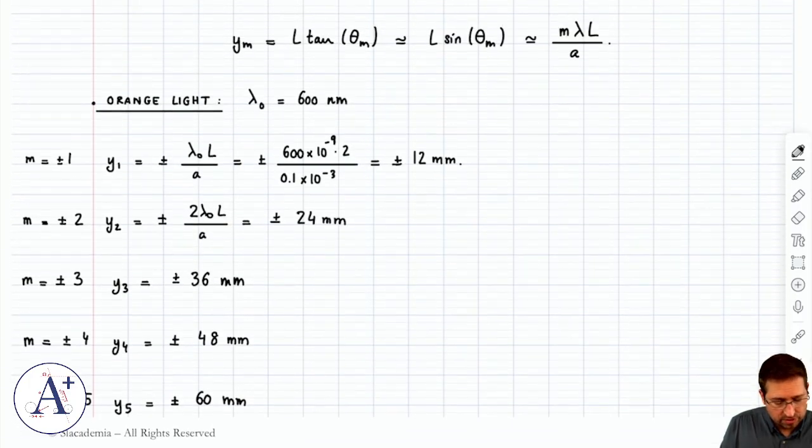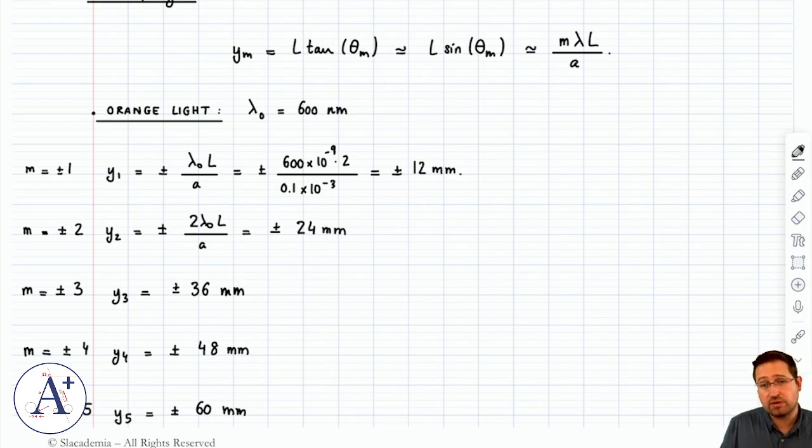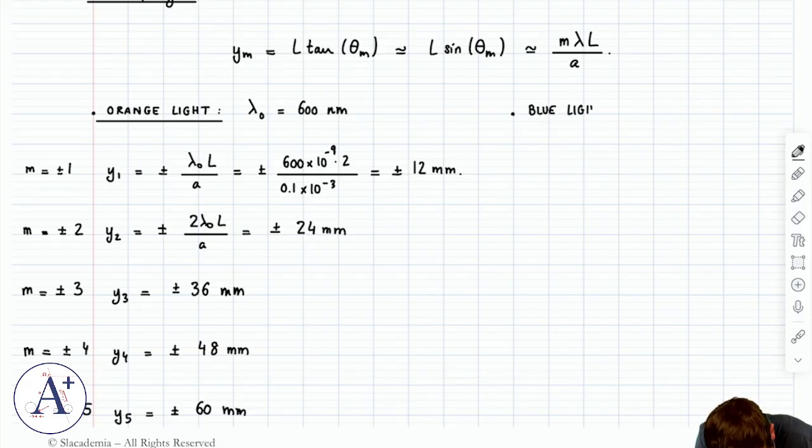And that's just orange light. The bad news is blue light has a smaller wavelength, so we're going to have more values in the case of blue light, but it's okay. We can turn our brain back on at some point and figure out where we're going to actually get dark fringes. Blue light, lambda blue, is 450 nanometers, we're told.